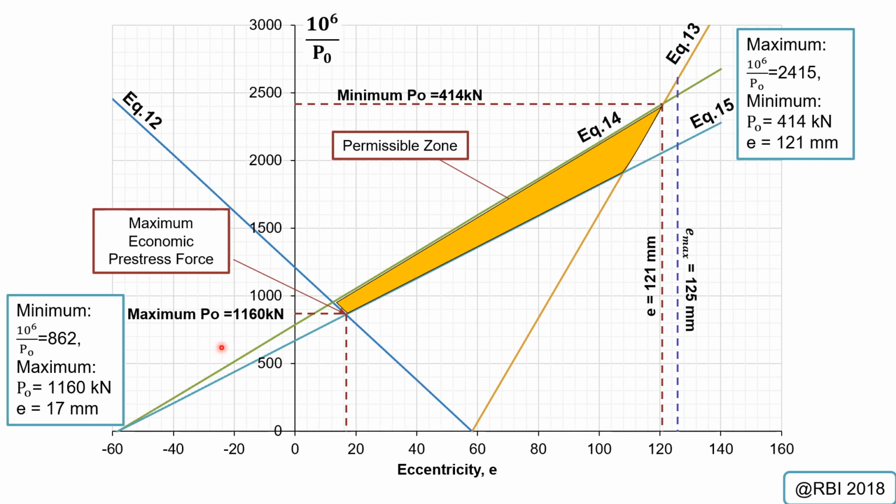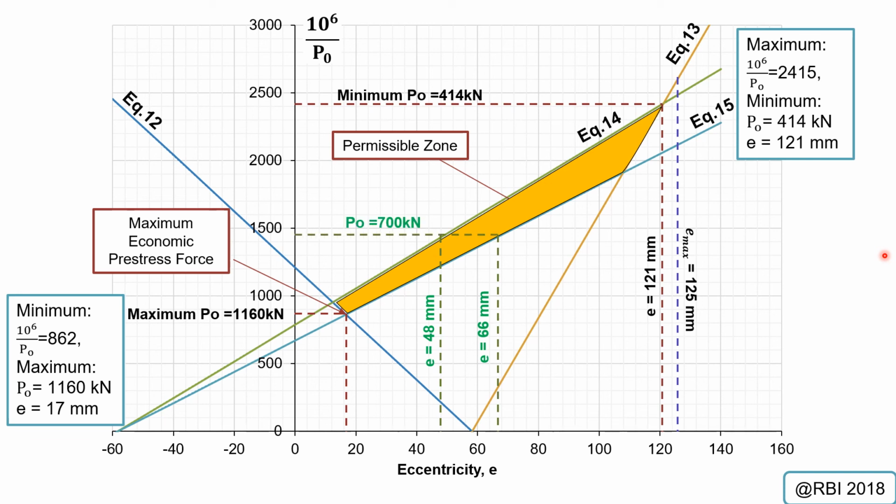Then you drag the line to the y-axis, and you will get the P naught value, which is actually 700 kilonewton. It's the same P naught value that was given in the question for this example.